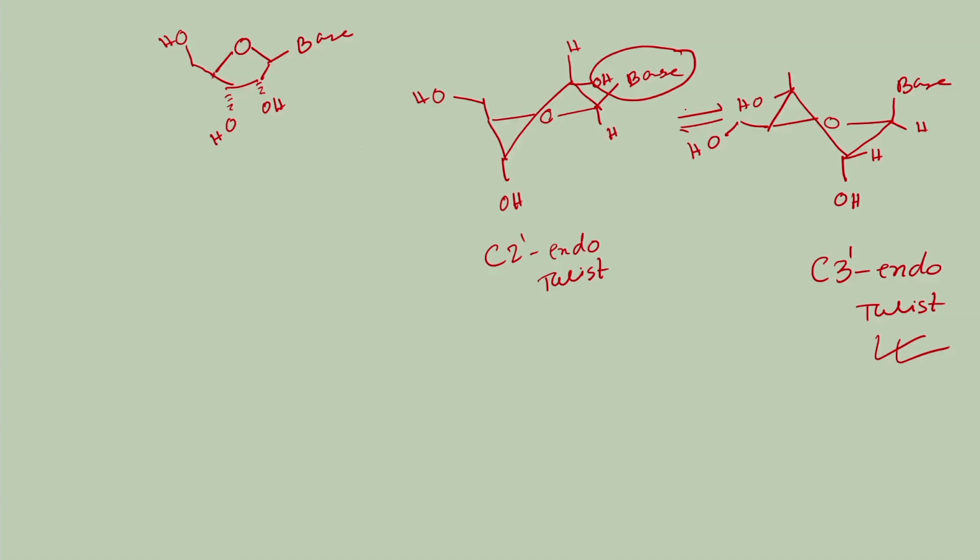In A form, your extension has to be in this part, and from the 5 prime end this part, and that will give you the A form of RNA. So, RNA mostly has A conformation and DNA has B conformation, and that is one of the reasons, of course, coming from the different sugar pucker conformation of the DNA and the RNA.